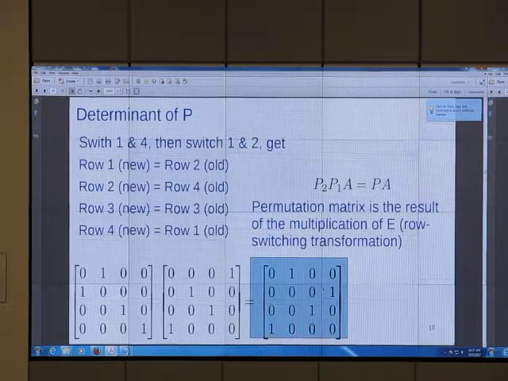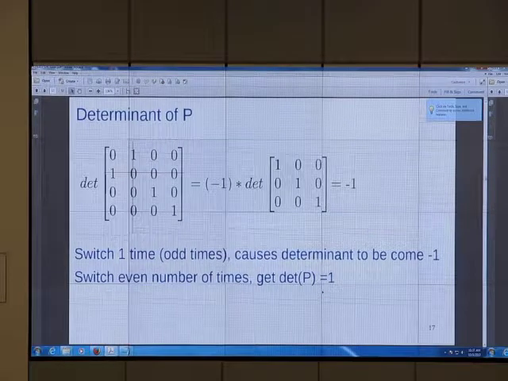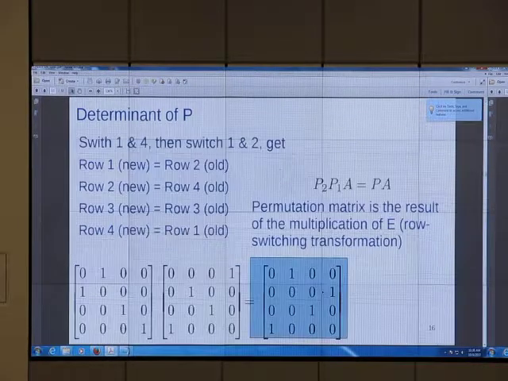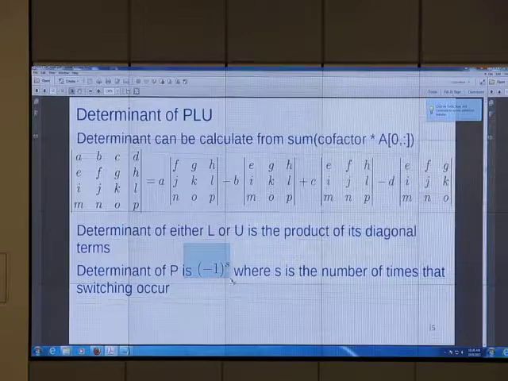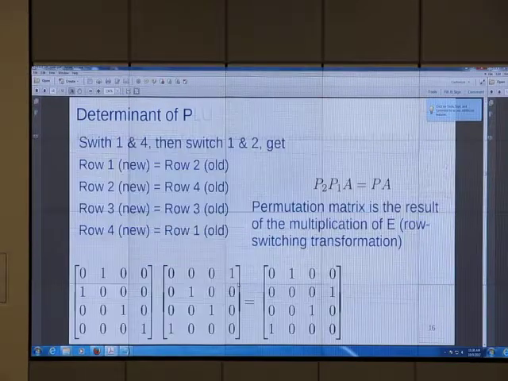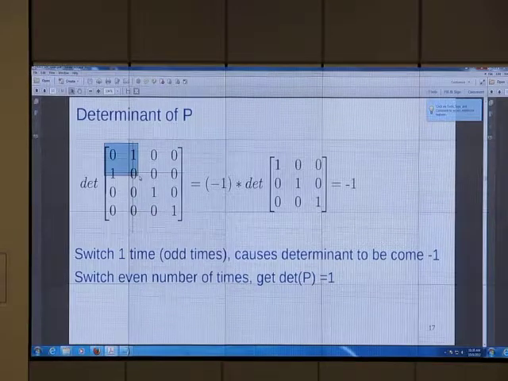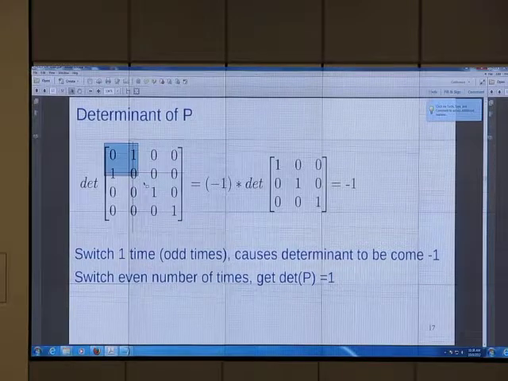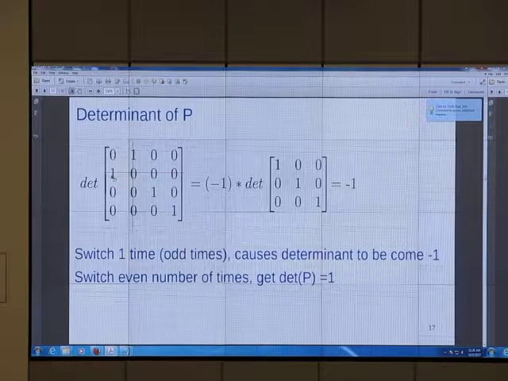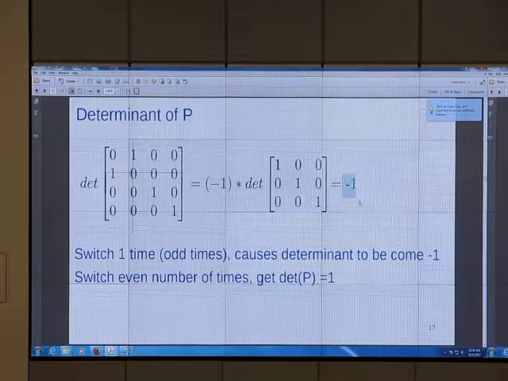Alright. So the determinant of matrix P. I want to show you that this formula is true. S is the number of switchings. This time we switch just one time, between row 1 and row 2. So what we get is minus 1.